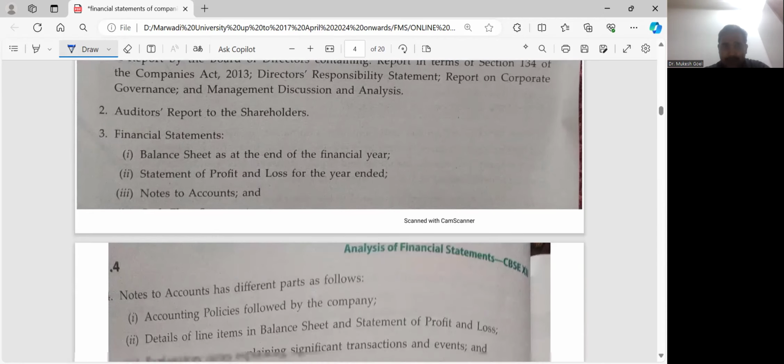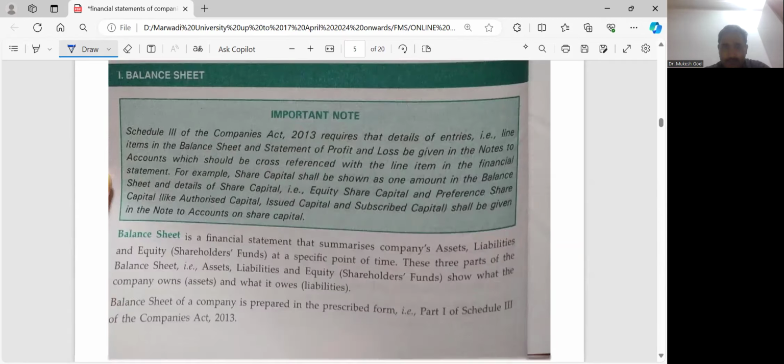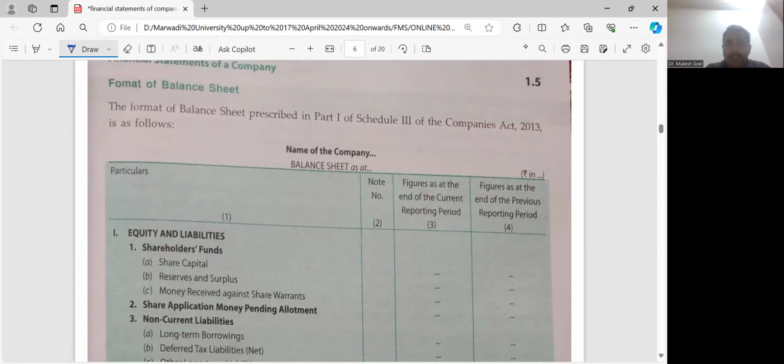Now, this is the format of a balance sheet of a company. Balance sheet of a company is just like the balance sheet of an individual, but the format is different.